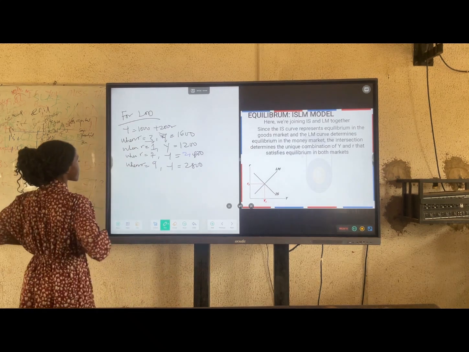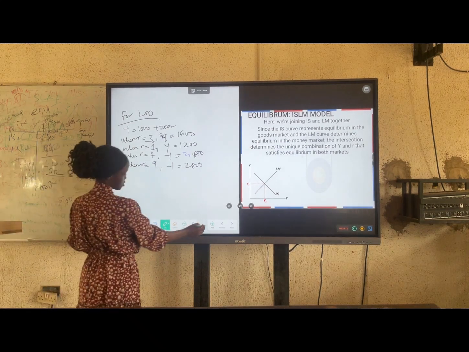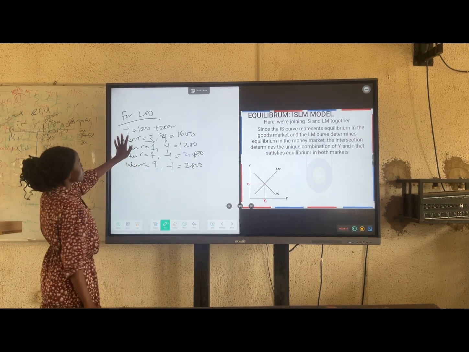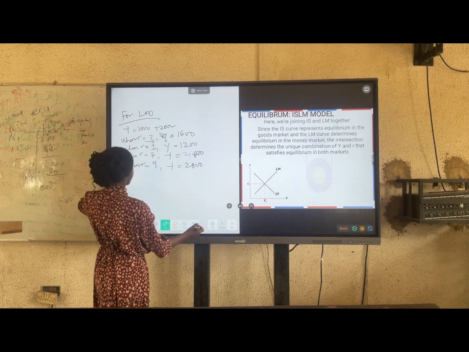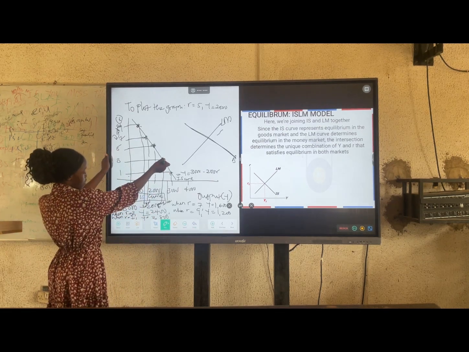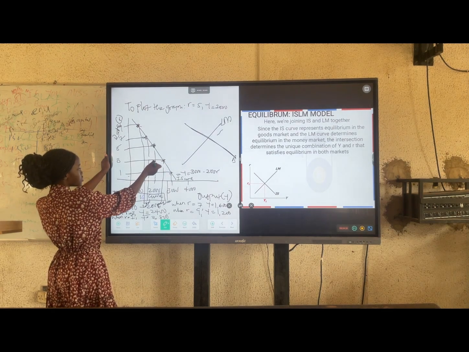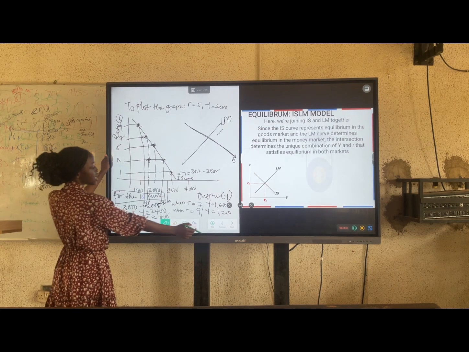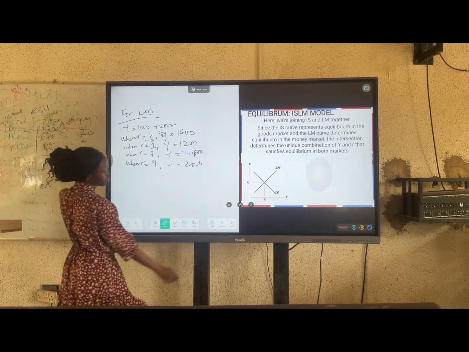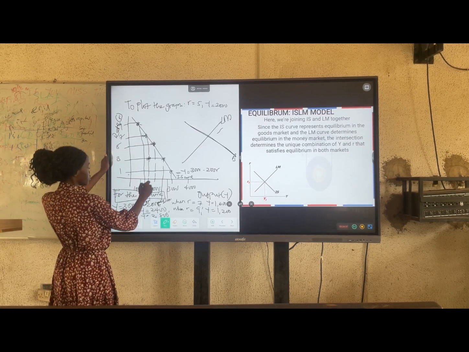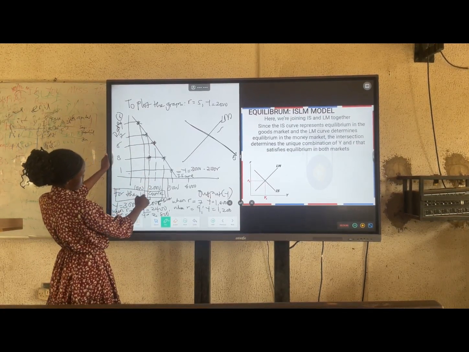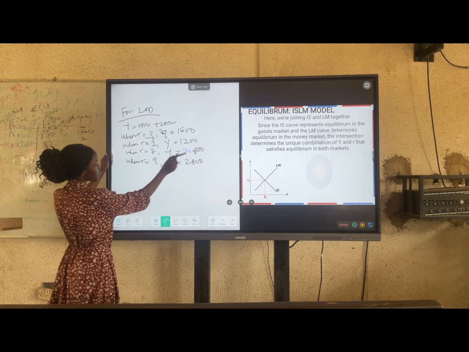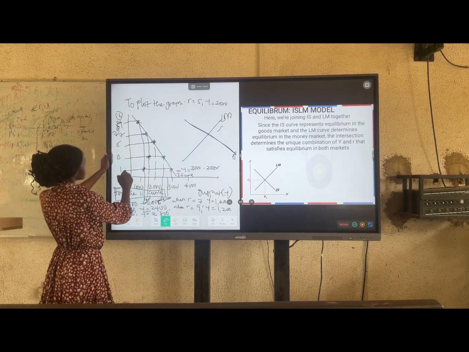So we're going to be plotting that against the output. When R is 3, we have our Y to be 1600, so we plot that. Then when R is 1, we have our Y to be 1200. Then when R is 7, we have our Y to be 2400.